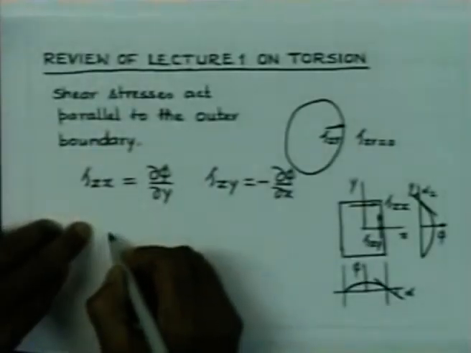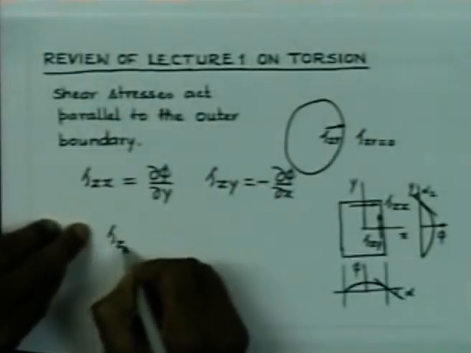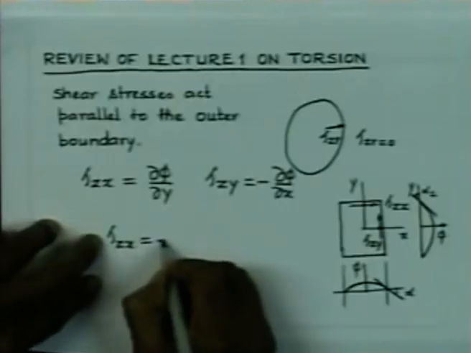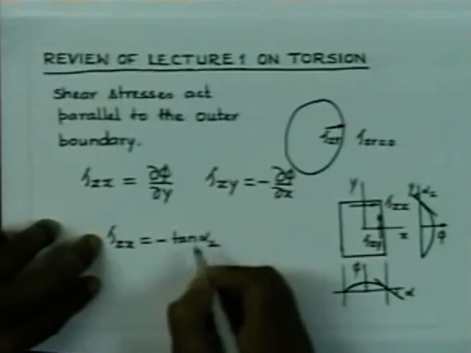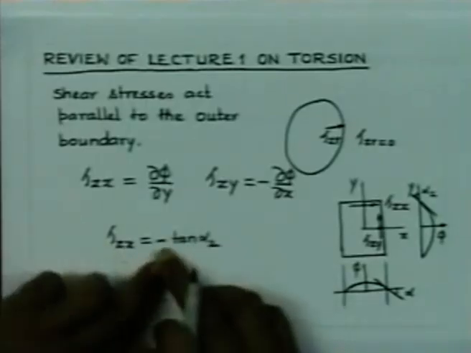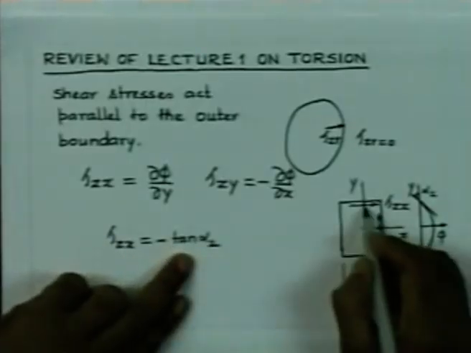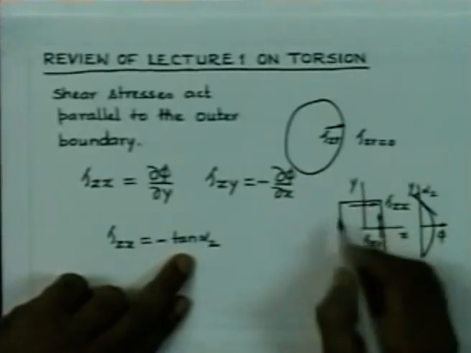No, I am sorry, this tau zx is given by delta phi by delta y. So if this angle is negative here, this stress will become negative. So what it means is that tau zx is nothing but minus tan alpha 2, and therefore this is a negative stress, meaning that this stress will be directed in the opposite direction.